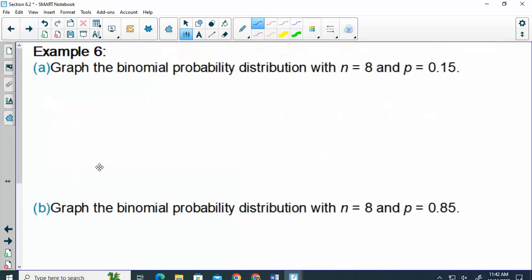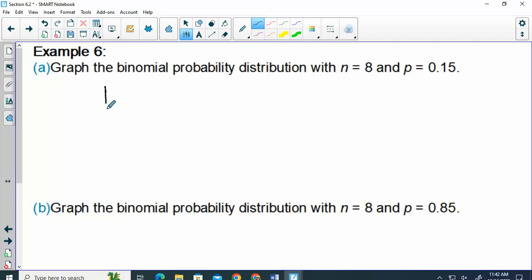Alright, remember we did also draw some graphs on these. This one doesn't specify the type of graph, so we're just going to make a very simple one. So if I want to graph the probability distribution, so that's essentially all the probabilities, with n equal to 8 and p equal to 0.15. So that way we can describe the shape of it.